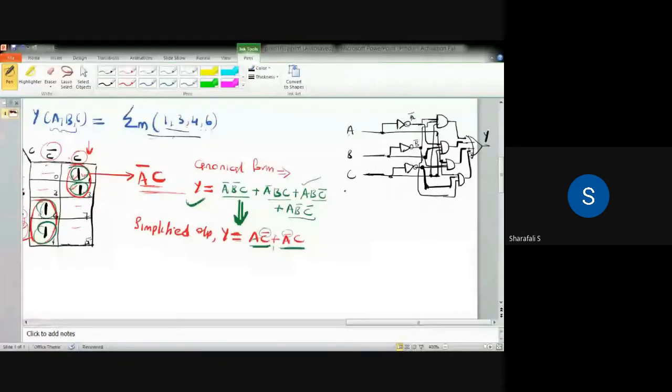Now at the same time, if you simplify that using the K-map, you will be getting this kind of expression: Y equal to A C bar plus A bar C. The same output Y you can get simply if you have two inputs A and C. So A C bar I have to take.